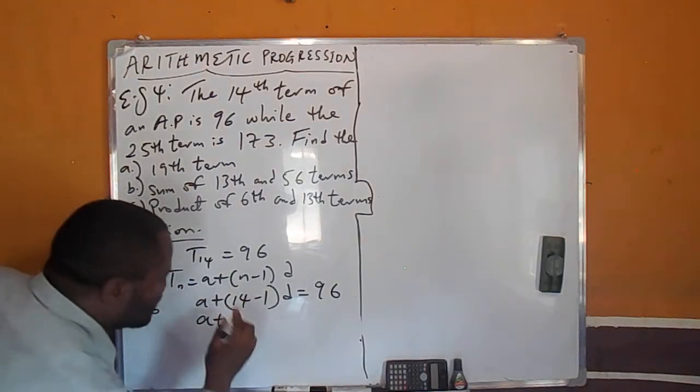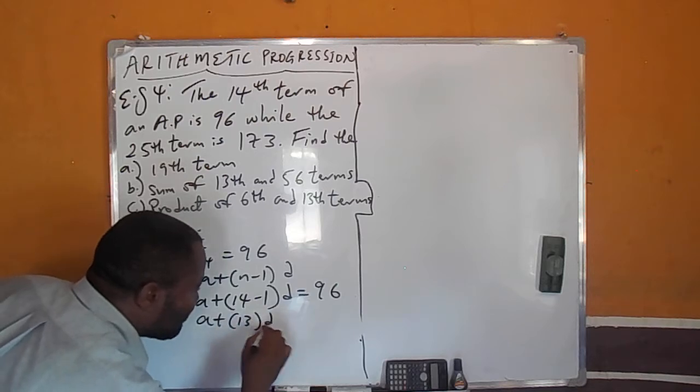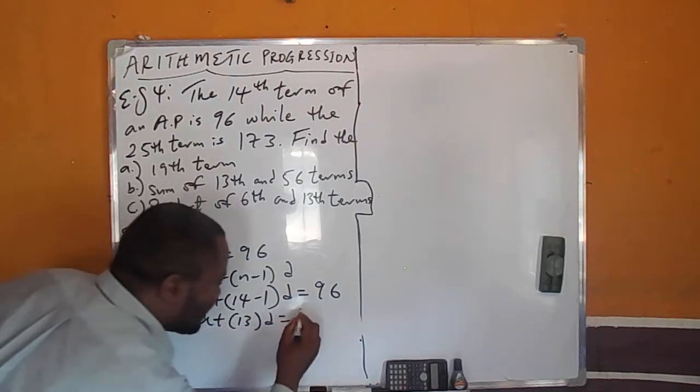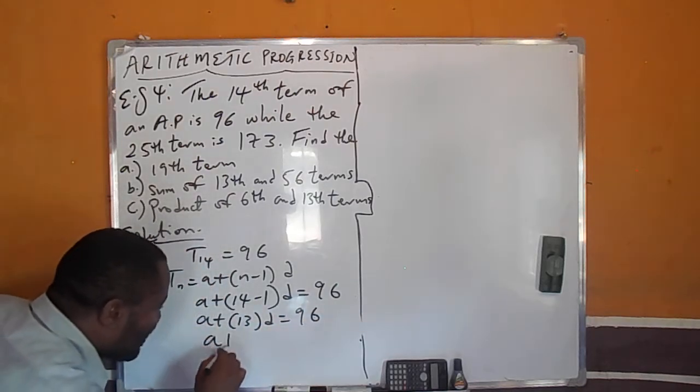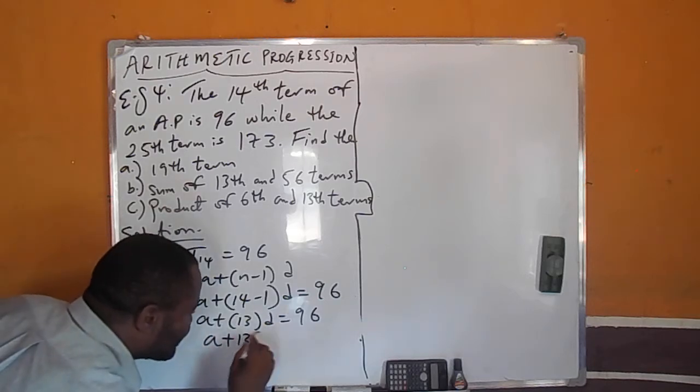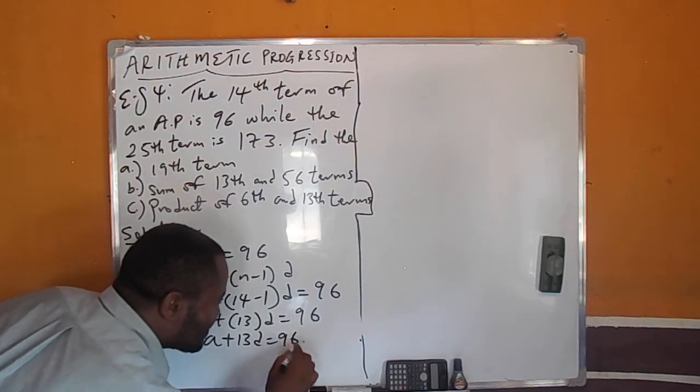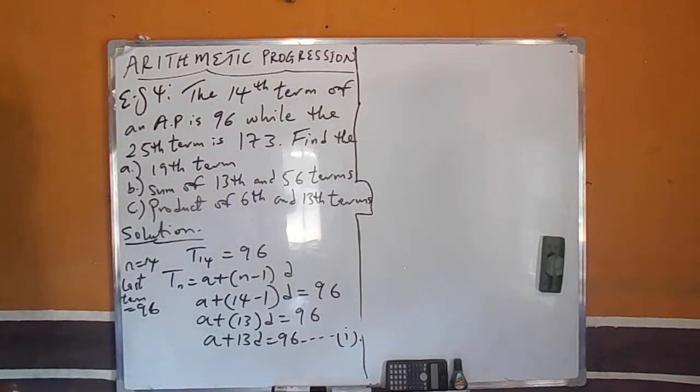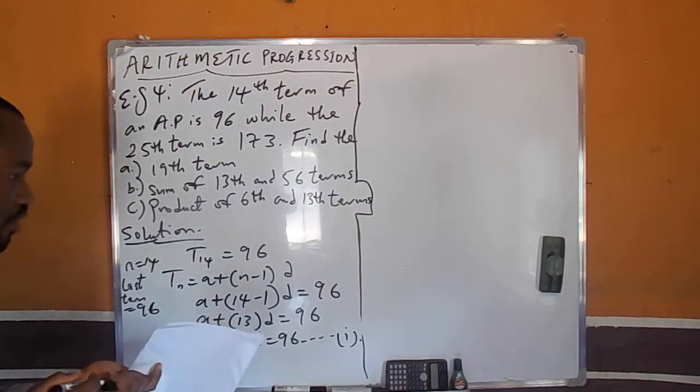A plus (14 minus 1, 13) bracket, then D outside, 96 here. A plus 13 times D, 13D, equals 96. That is our equation 1.